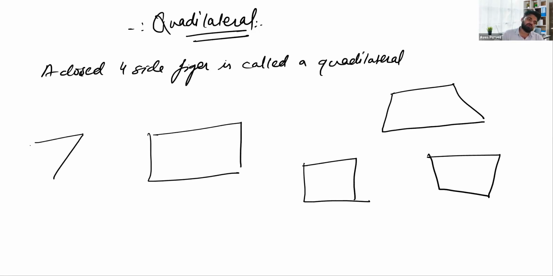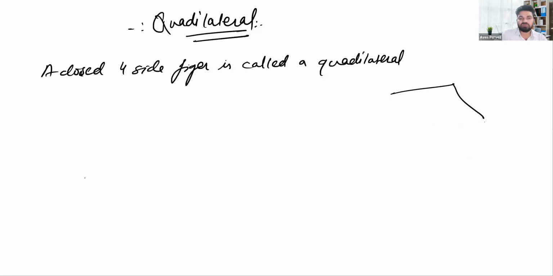So these are all quadrilaterals. Understood? Yes. These four sides, if they are closed together, form quadrilaterals. Now there are different types of quadrilaterals. One is the trapezium. Then after the trapezium, we have the parallelogram.